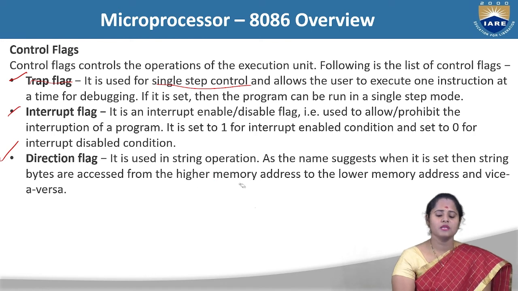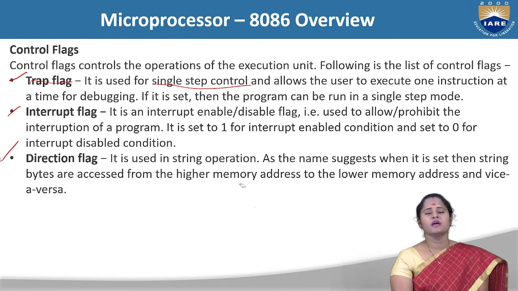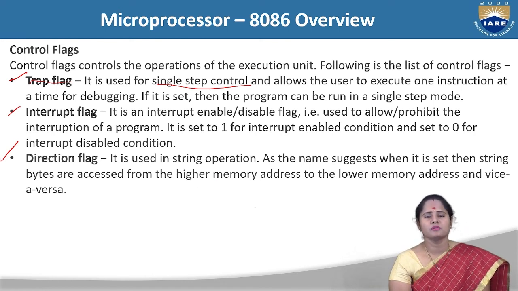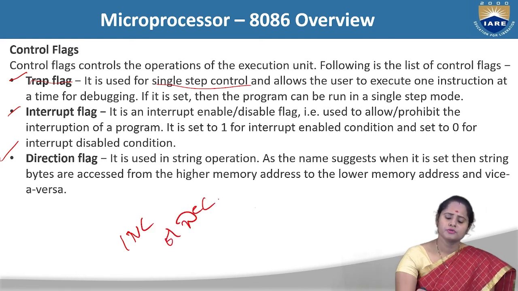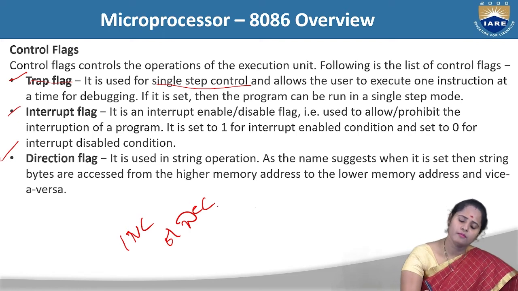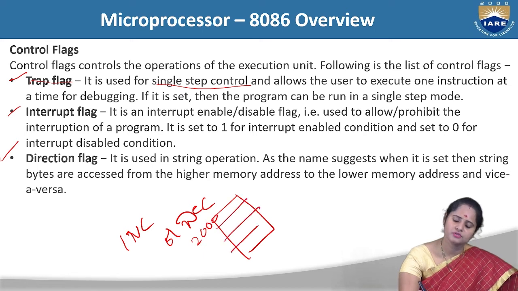The name itself says we are giving a direction to my register or my memory location. Either I need to increment or I need to decrement. For example, I am working with the memory location 2000 and I have some set of instructions.